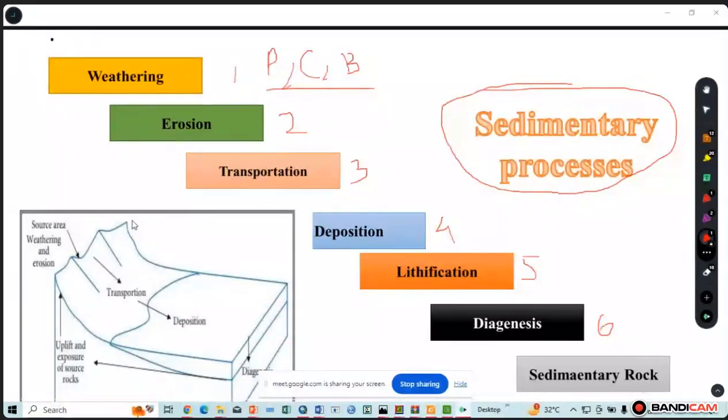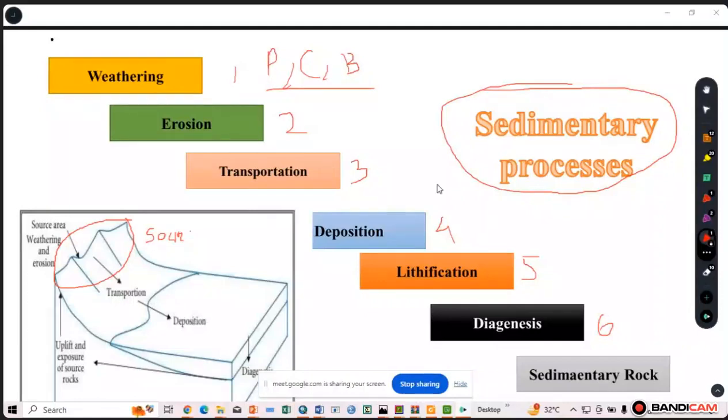Suppose these are the source area. In the source area, due to the action of weathering, the rocks get fragmented. After the fragmentation, these rocks get transported and deposited within a basin.